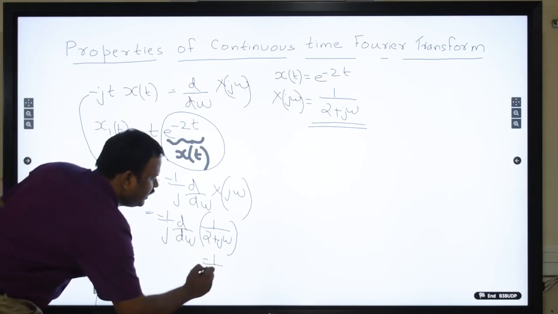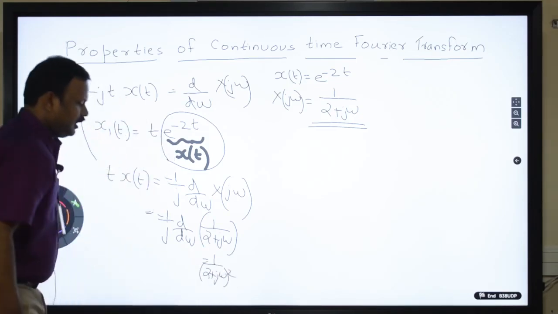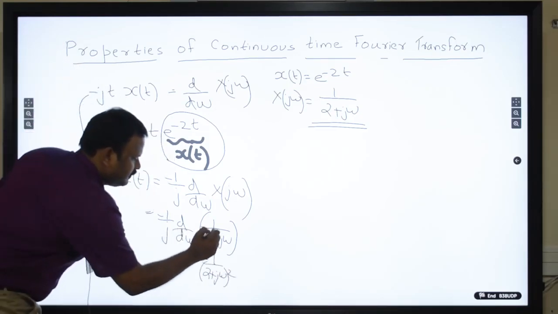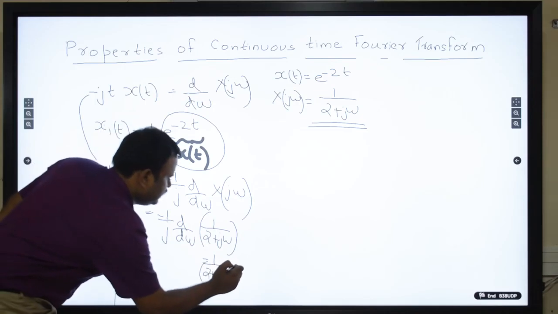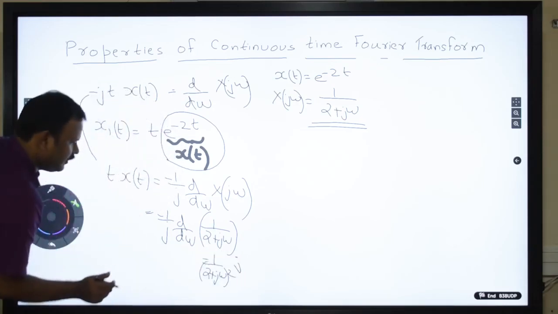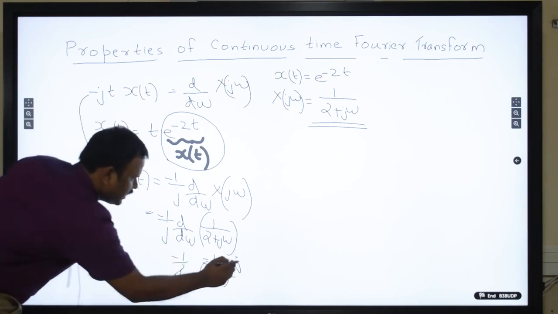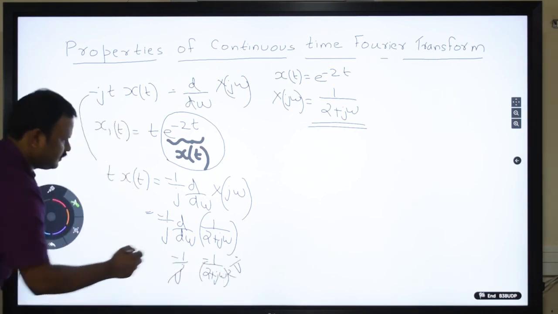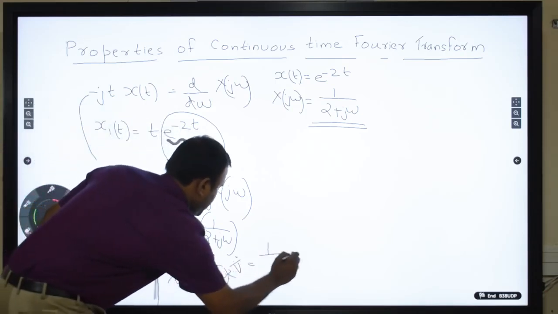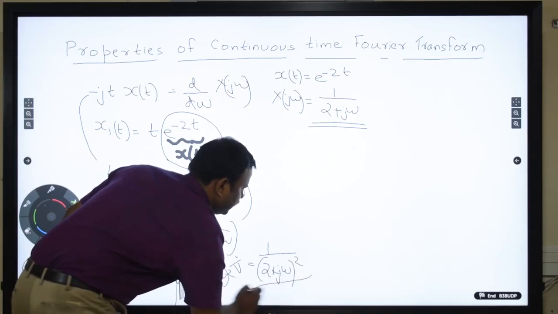So, minus 1 by (2 plus j omega) square multiplied by the derivative of j omega, which is j, because we are differentiating with respect to omega. Then we have minus 1 by j. So, j and j cancel, minus minus plus. So, finally, we have 1 divided by (2 plus j omega) square as the answer.